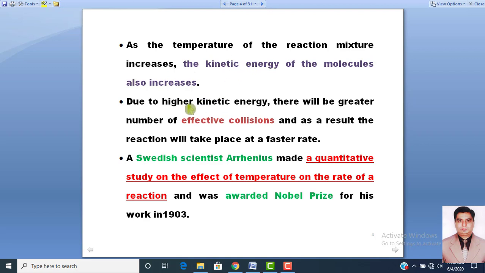Due to high kinetic energy, there will be more effective collisions, due to which the rate of a reaction will speed up.